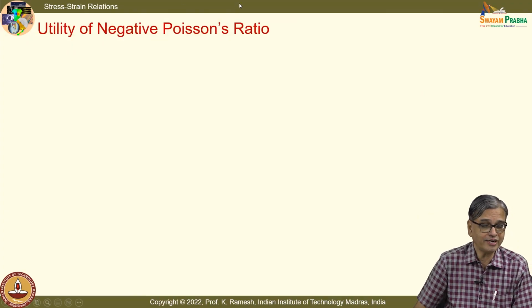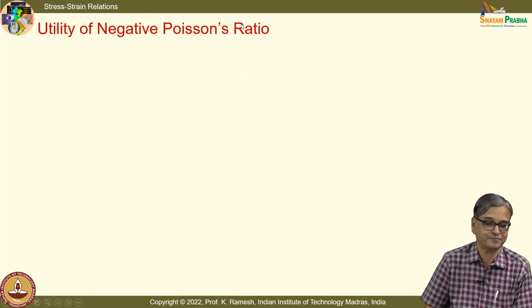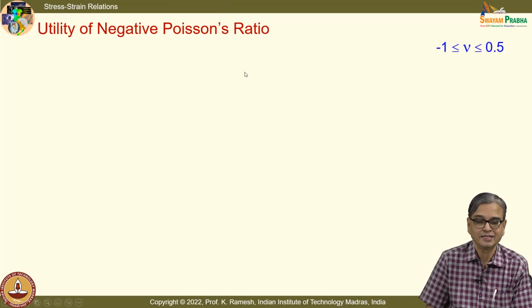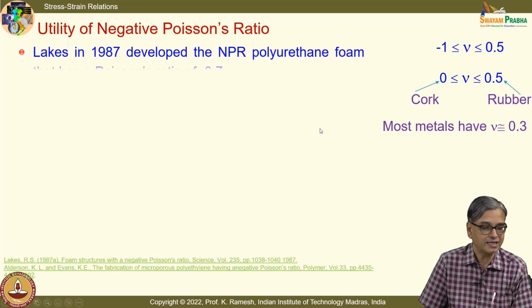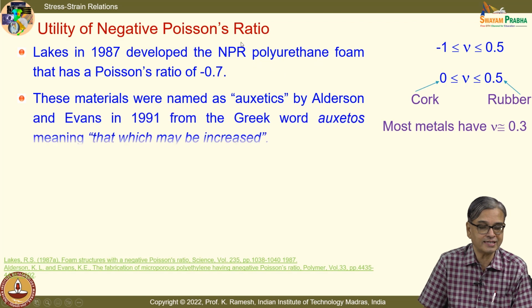And what is the utility of negative Poisson ratio? See, I said you also have the range as -1. People have developed exotic materials, that is, he has developed polyurethane, which has a negative Poisson ratio, put as NPR. He was able to develop it with a Poisson ratio of -0.7.